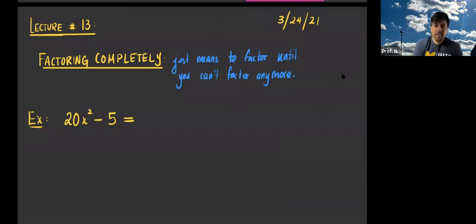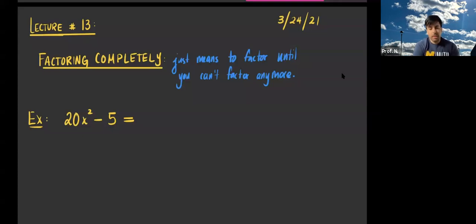What's the first kind of factoring technique that we discussed?